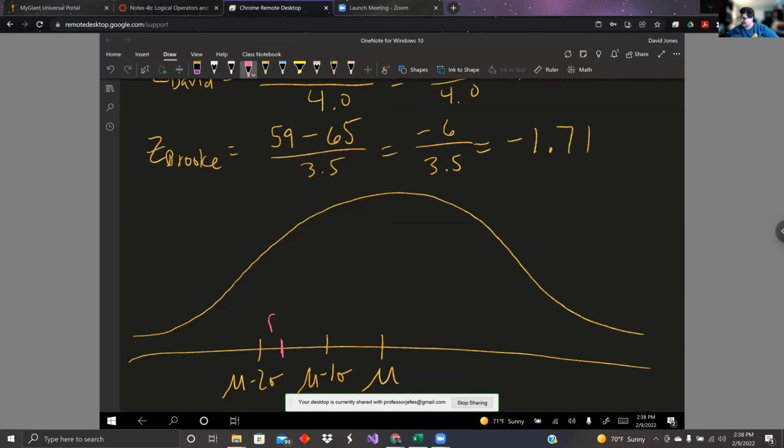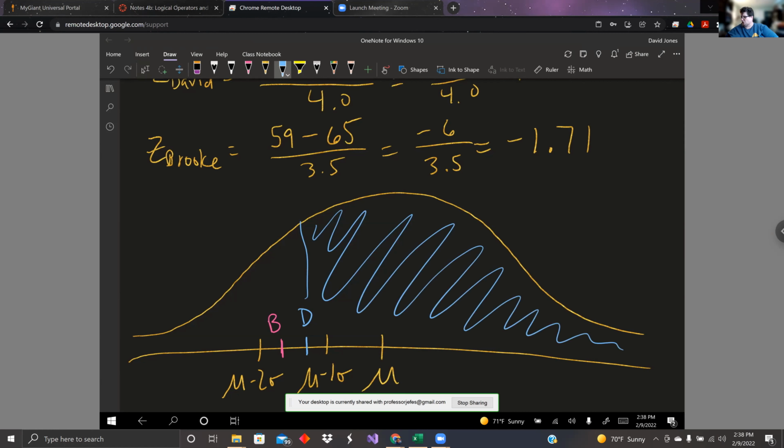So Brooke is like there, and David is like here. Which means although a majority of guys are taller than me, even more girls are taller than Brooke because she has this extra percentage right here.